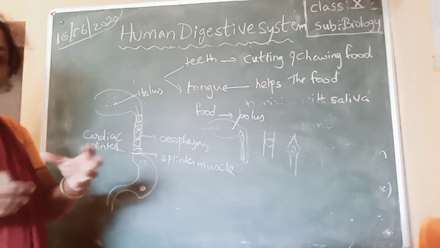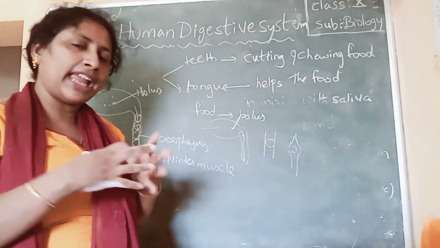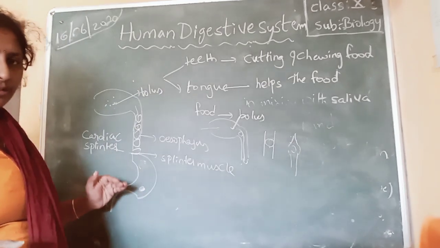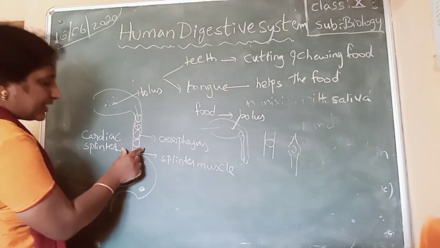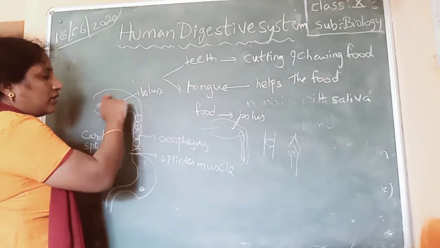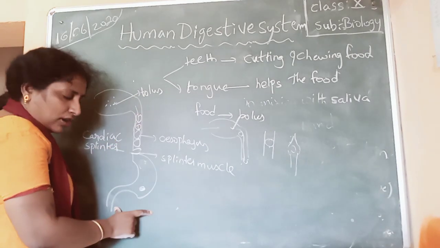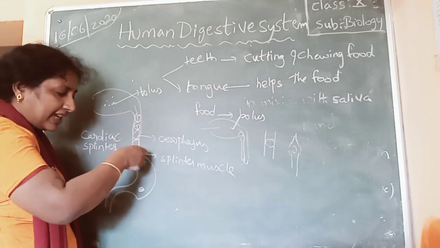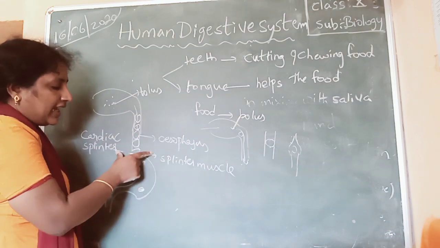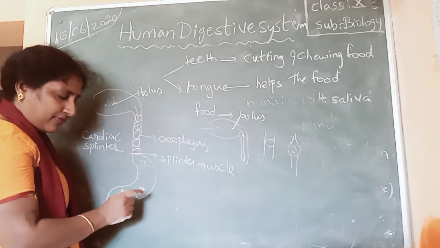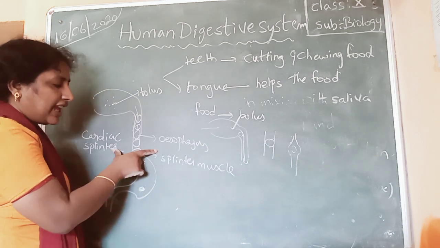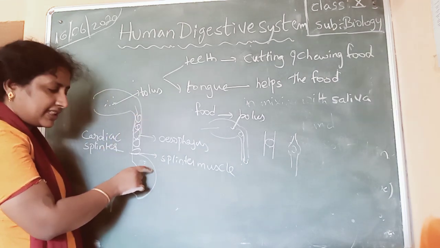So the sphincter muscles open and close and regulate the passage of food into the stomach. They control the entry of food into the stomach.